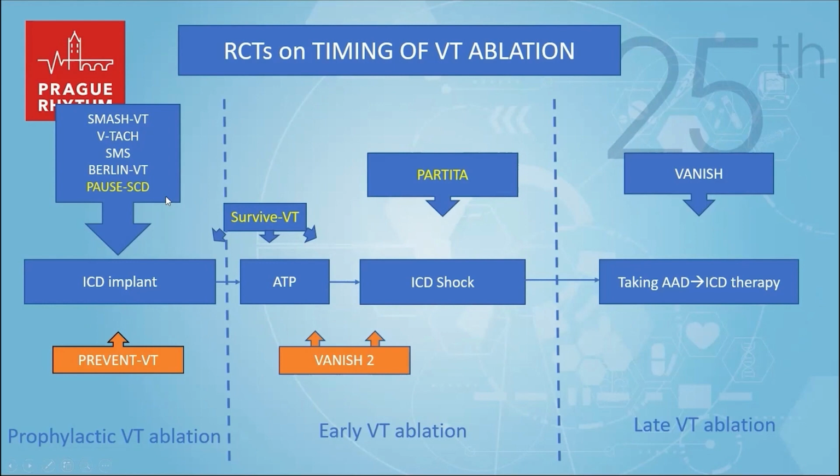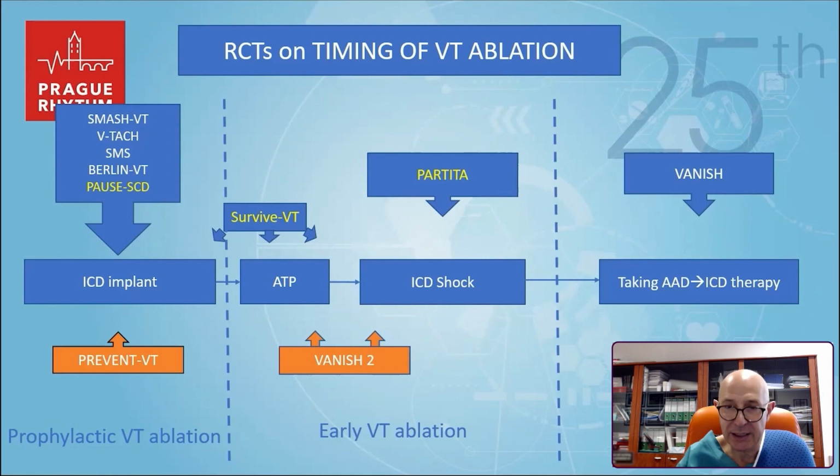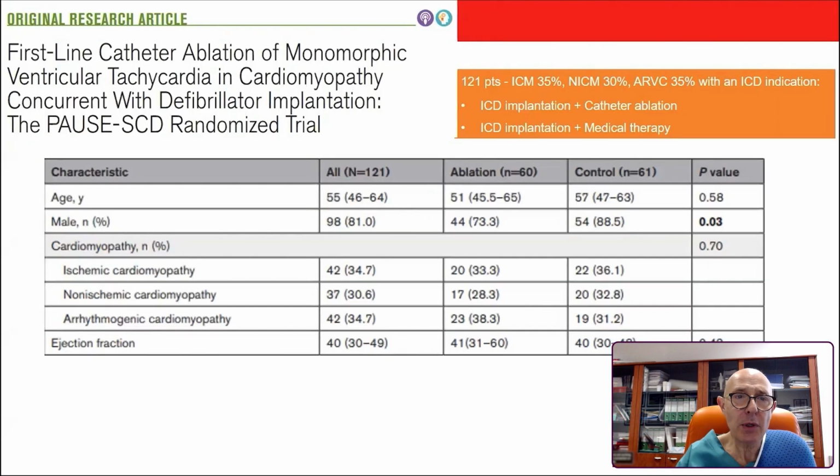Today, I will analyze with you the data originated from the recently published studies in 2022: POST-SCD, SURVIVE-VT, and PARTITA. The POST-SCD trial is unique in its patient population, as it gathers the majority of patients with non-ischemic cardiomyopathy and namely right-sided arrhythmogenic cardiomyopathy.